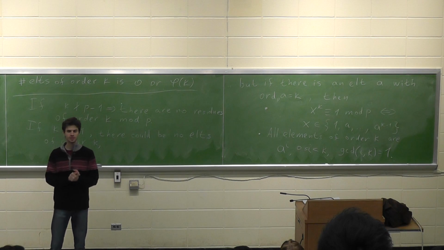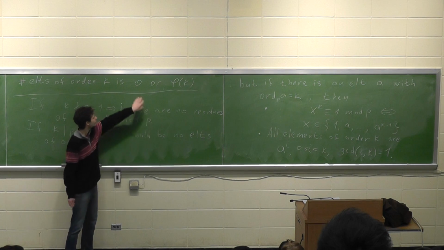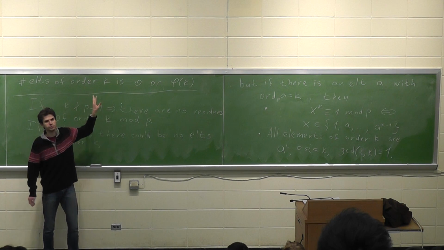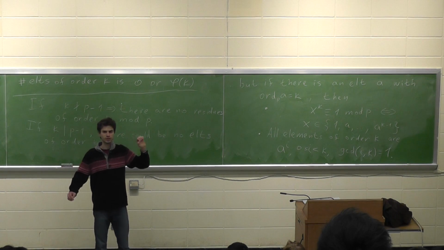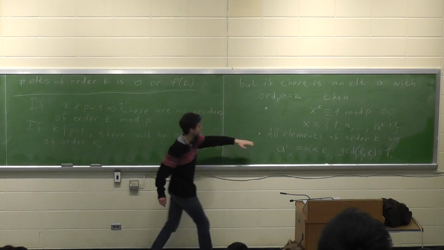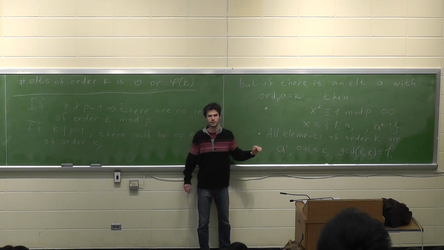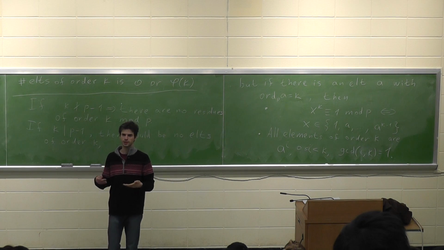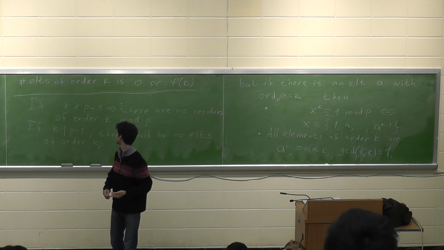So what I want to prove today is the following fact. This option is attained only if k is not a divisor of p minus 1. In other words, if k is a divisor of p minus 1, then yes, there will be at least one element of order k. So for every divisor of p minus 1, there will be at least one element of order k.